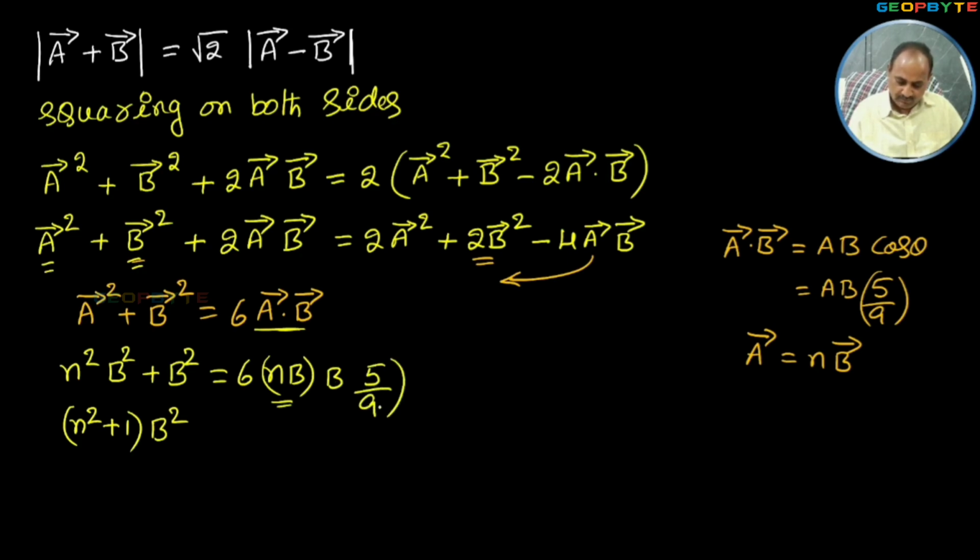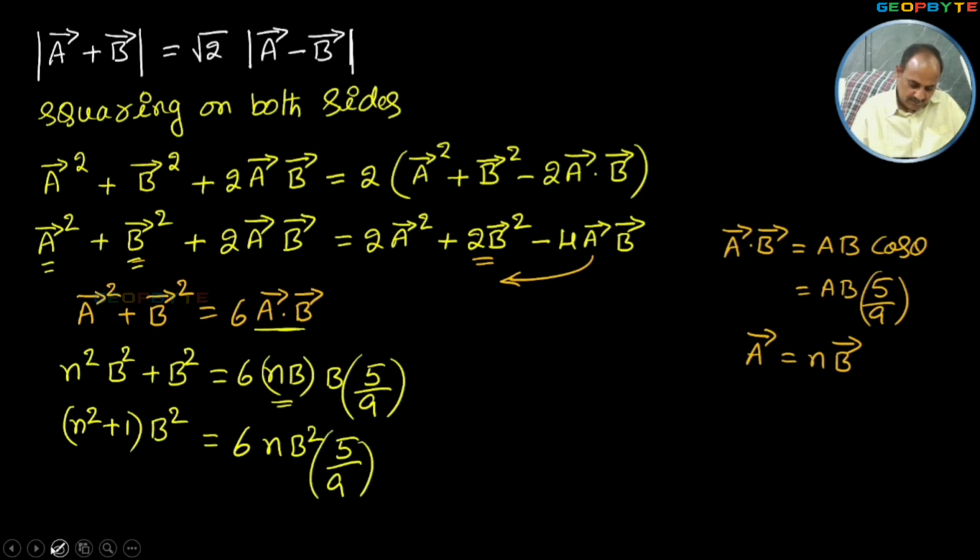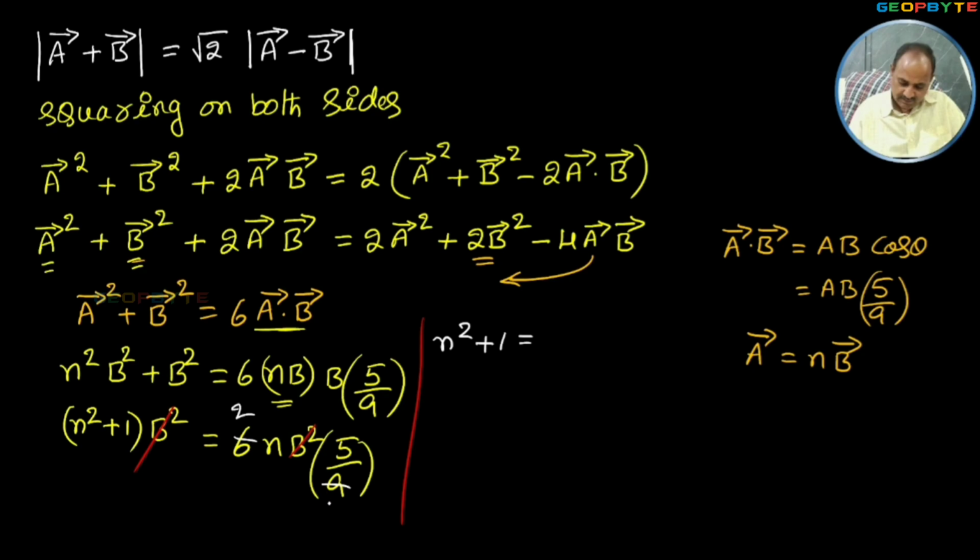Should be very careful. 5 by 9 is equal to 6 n B square into 5 by 9. Now here the quantity B square is getting cancelled. Finally it is n square plus 1 is equal to 2 times 3 times 5 by 9, that is 10 n by 3.